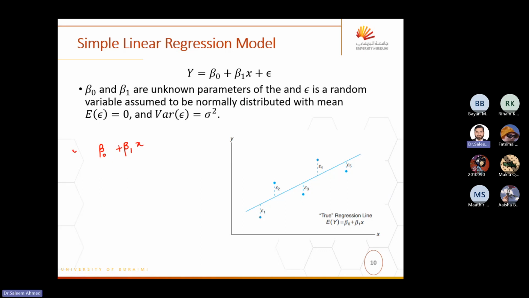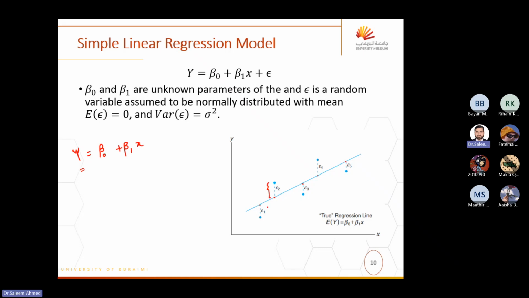That is your y. But these y may not be exactly matching with your values, right? Your exact value may be these blue dots, but the y you are getting are the y's on the line. So you see, there is a difference between the actual y's and the observed y.